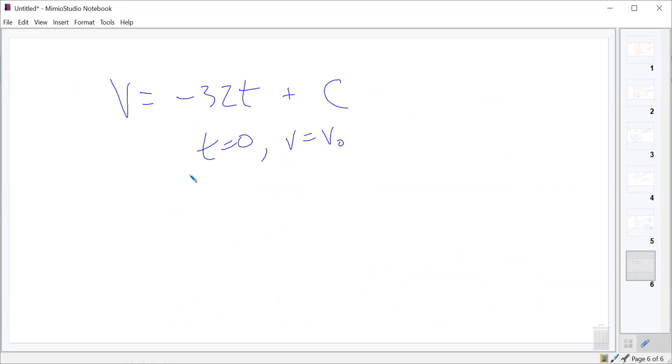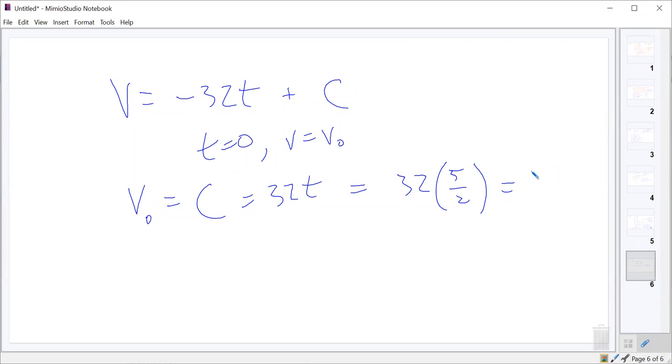And so that tells us that the initial velocity is also equal to that constant. And so that constant, which was 32t, ought to be 32 times 5 halves, which ought to be, what is that, 80? Does that sound right? Yeah. 80.